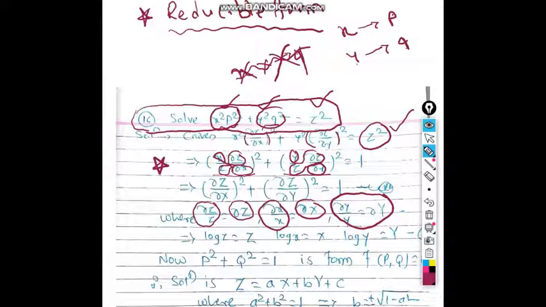Because of that, the equation is converted into dou capital Z by dou capital X bracket square plus dou capital Z by dou capital Y bracket square equal to 1, and that is the reducible form.